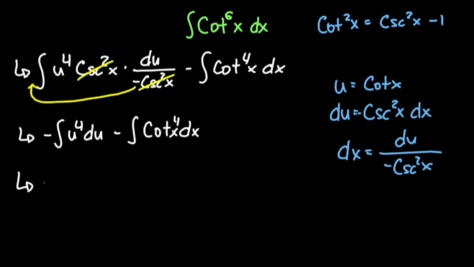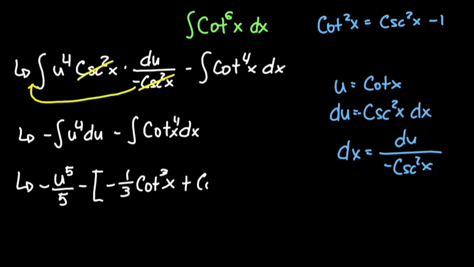The integral of this would be equal to negative u to the power of 5 over 5, and the integral of cotangent to the power 4 of x, we solved it earlier, which is equal to negative 1/3 cotangent cube of x plus cotangent of x plus x, and don't forget to add plus c.